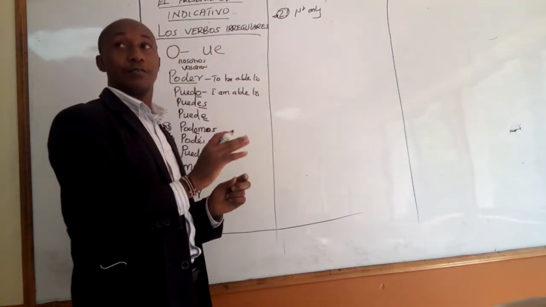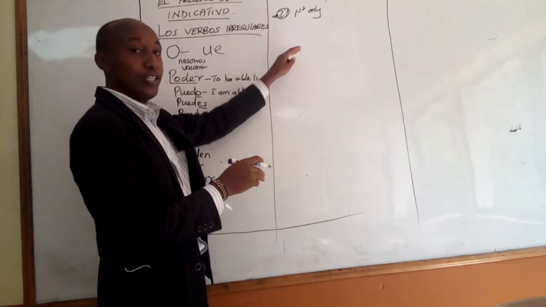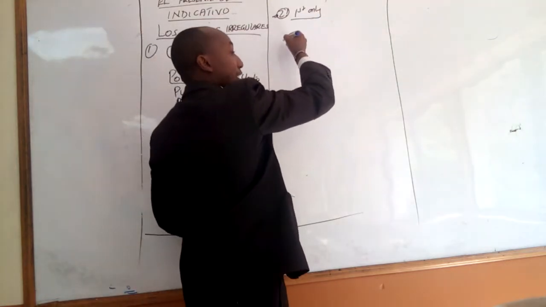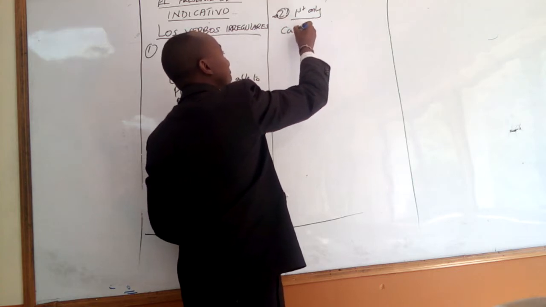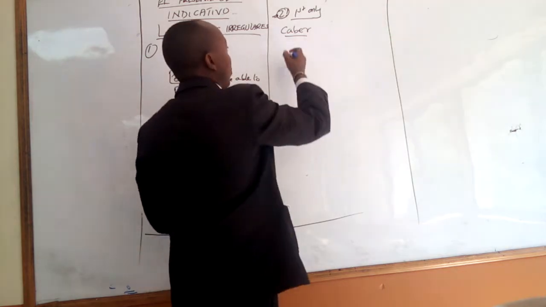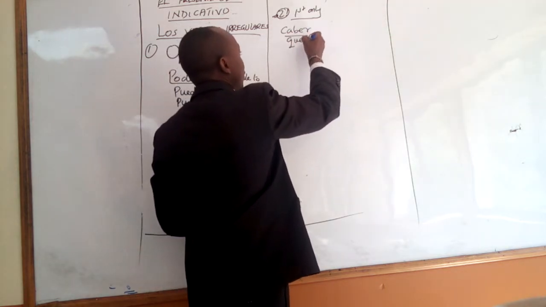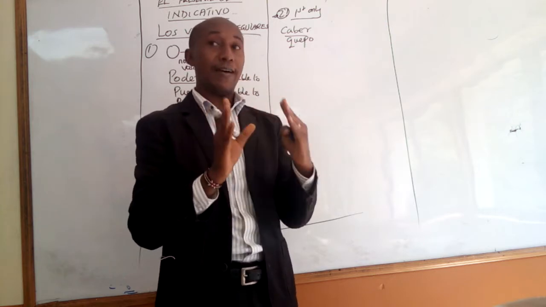Let's say a verb like caber. I'm going to give you the first person, which is quepo, and then your work is to get the other persons.